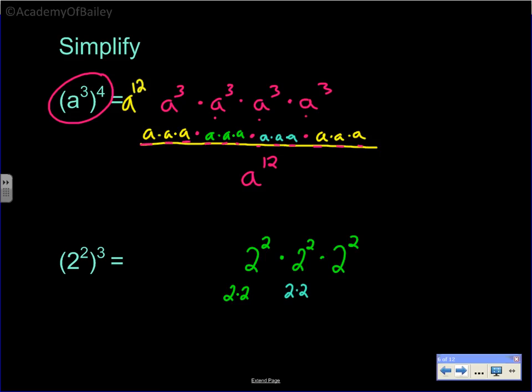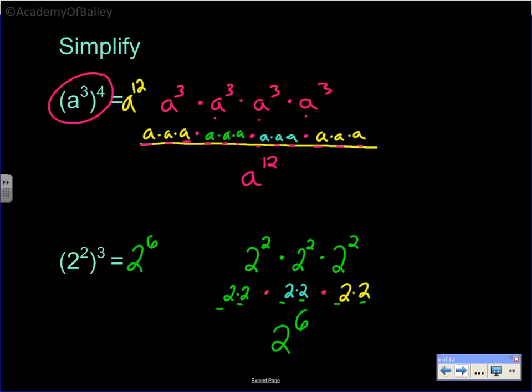And the far right, 2 squared is 2 times 2. And we bring down our multiplication sign in between every single one of those. We know they're all 2's being multiplied together, so it's going to be 2 to a power. Count them off. 1, 2, 3, 4, 5, 6. 2 to the 6th power. 2 squared raised to the 3rd power is going to be 2 to the 6th power.